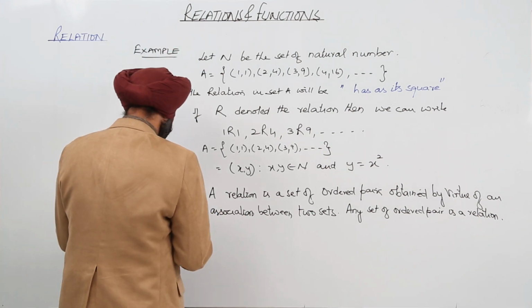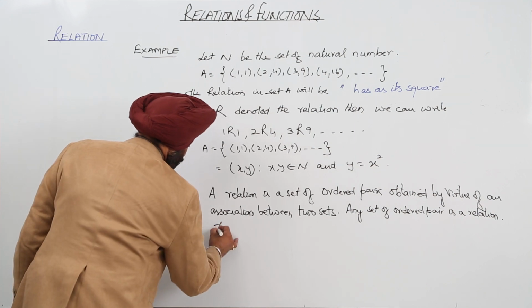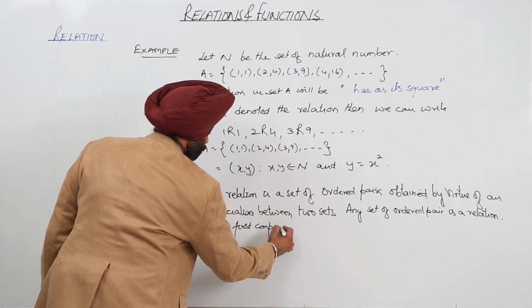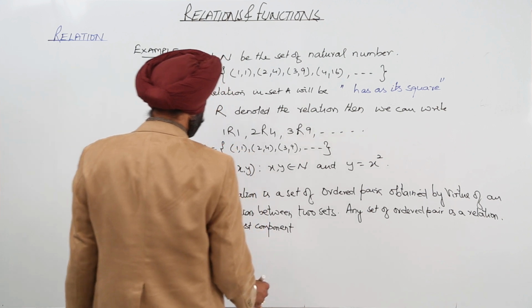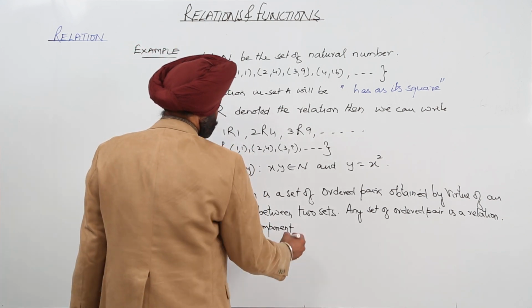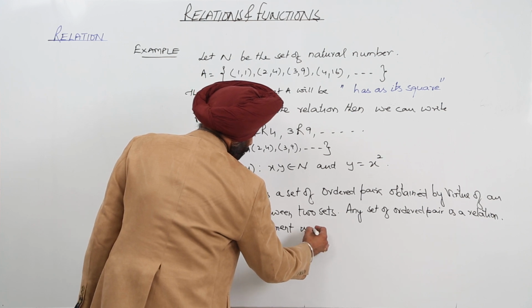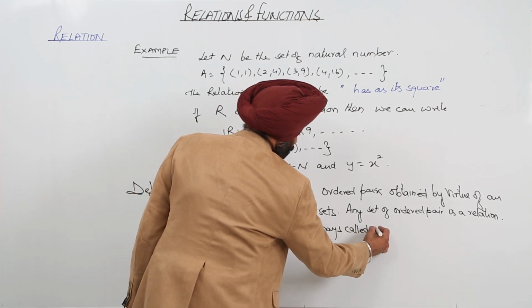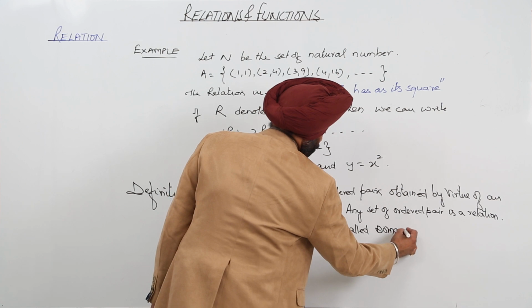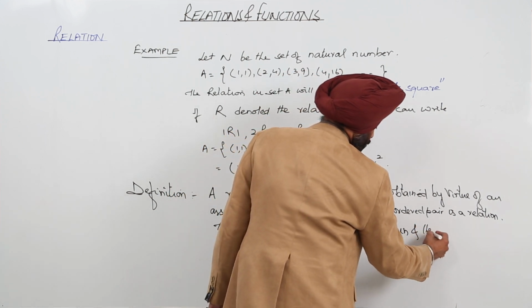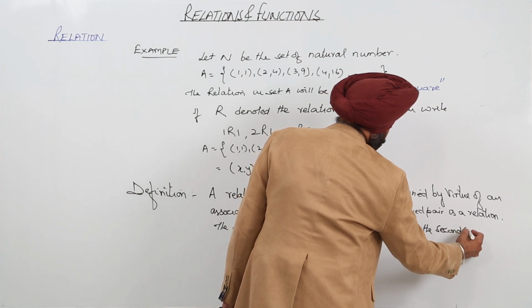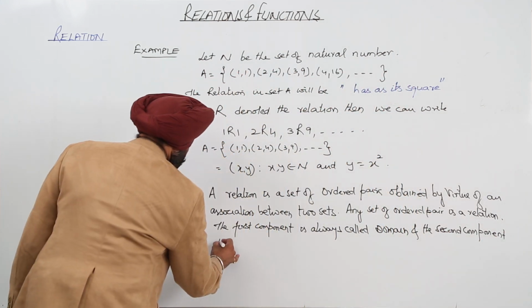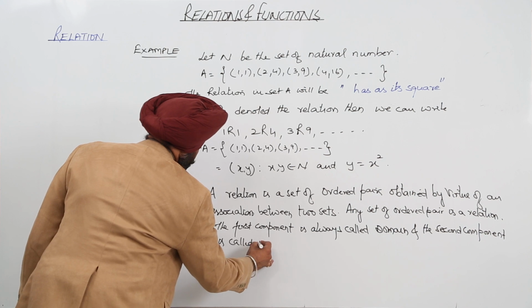Now the first component is always called the domain, and the second component is called the range.